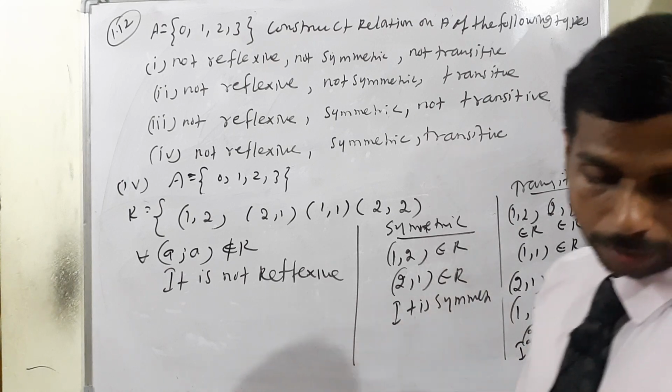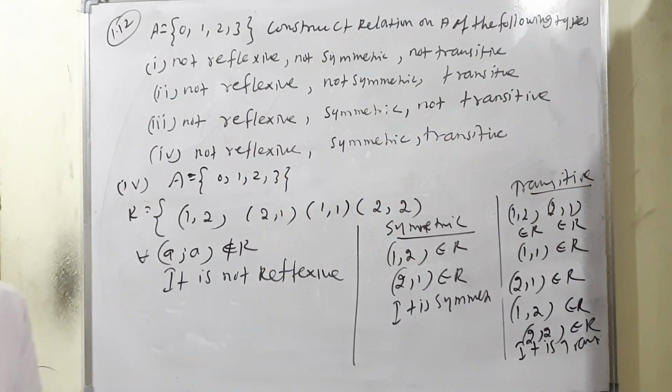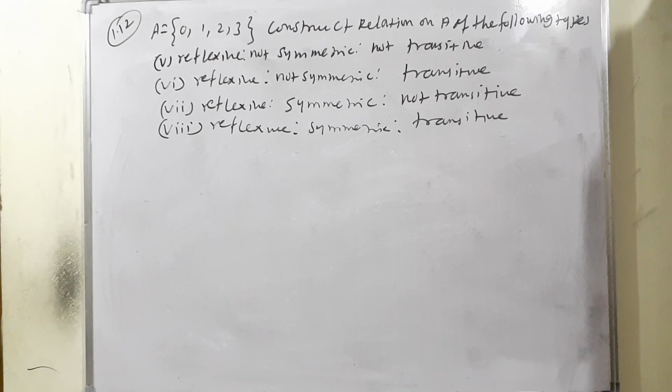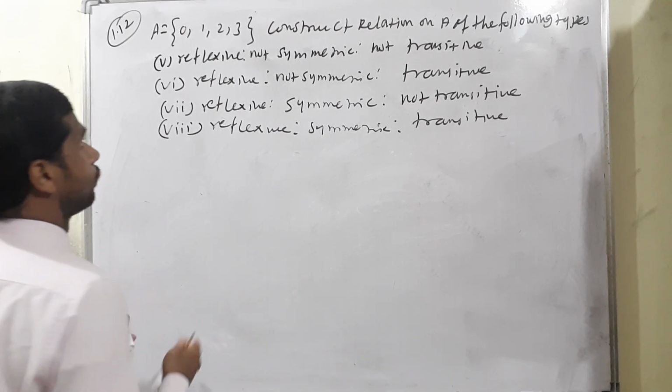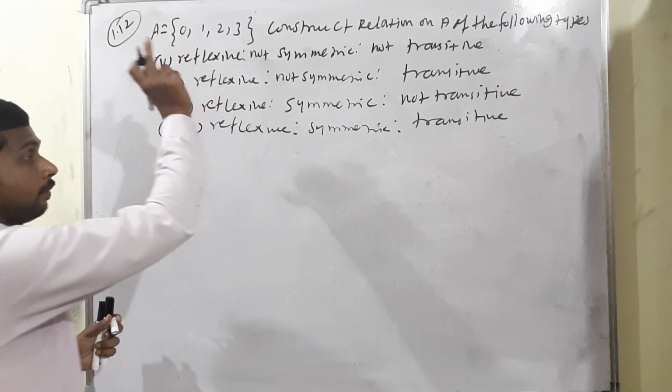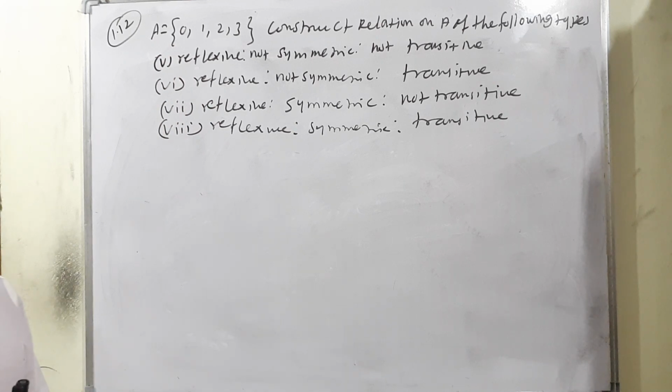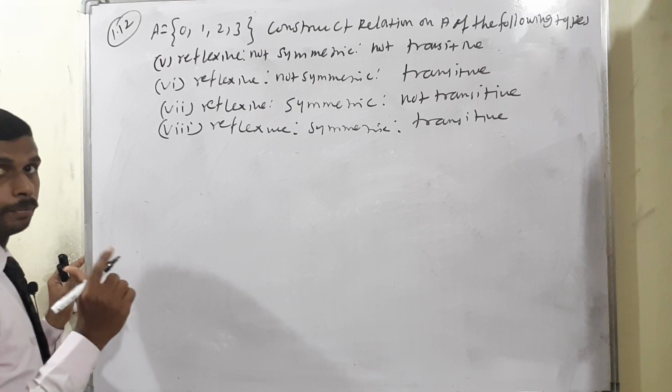Okay, I will continue with subdivision 5, reflexive. But the first 4 subdivisions were not reflexive. Here we start with reflexive, so definitely we can write it in double net form.